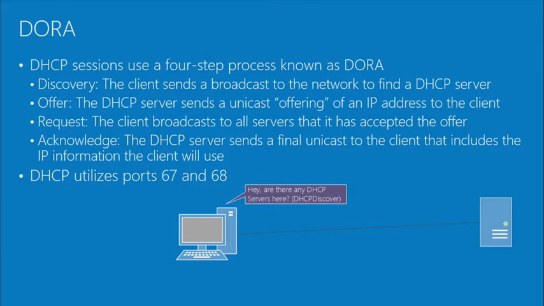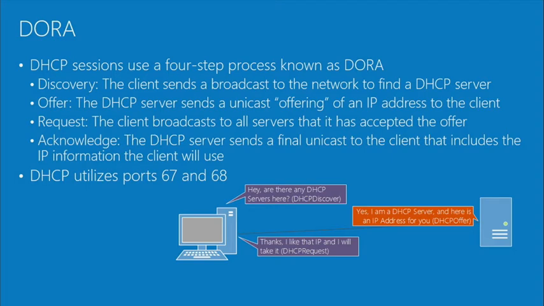Typically not routable. So a server on the same subnet would say, "Hey, I'm a DHCP server. Here's an IP address for you." Now, it's possible that this client may receive multiple addresses back from multiple DHCP servers. That's the DHCP Offer.